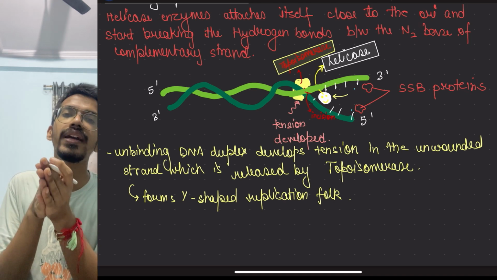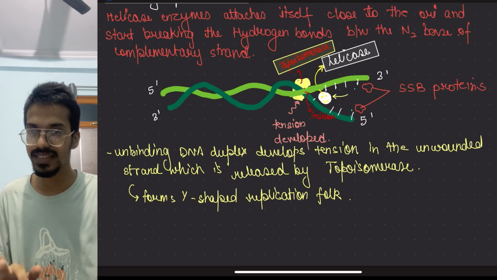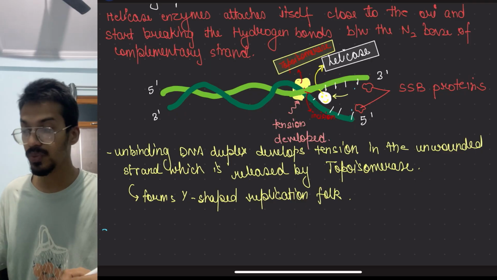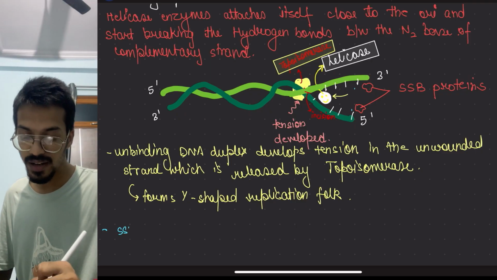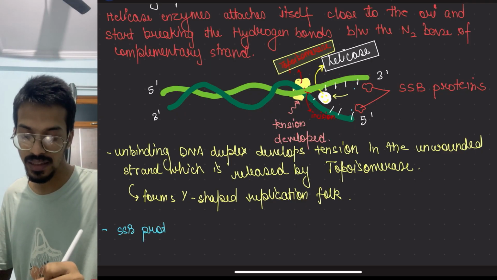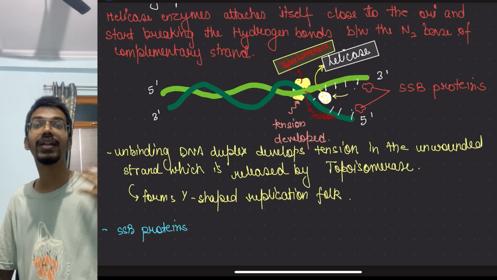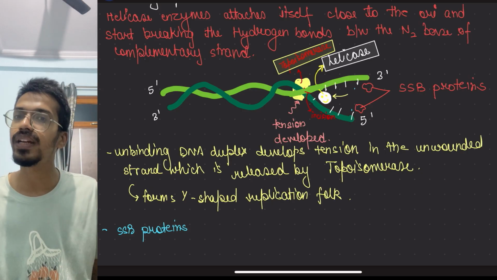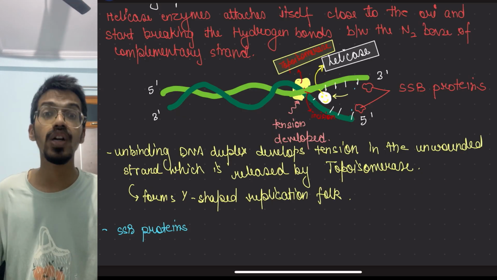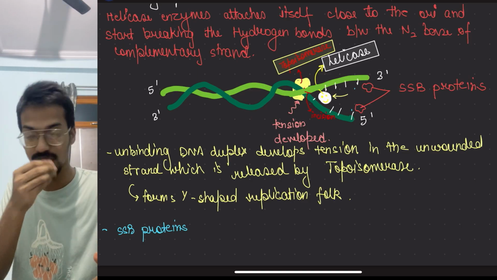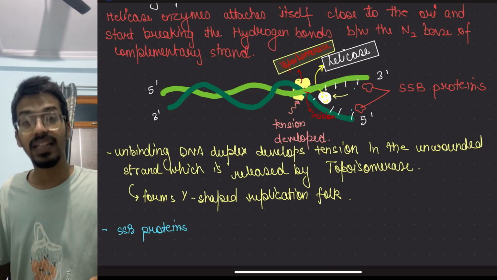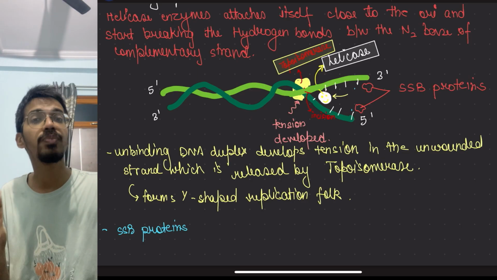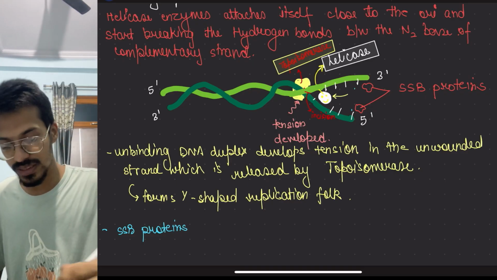But who is stopping that? This SSB protein. What are SSB proteins? They are like protectors, stopping the strands from going closer. That is like moral policing at certain places, like for example Iran and those places, where moral policing is there.